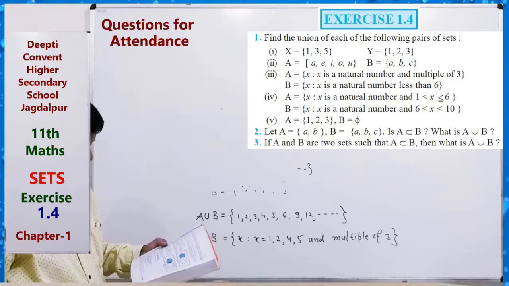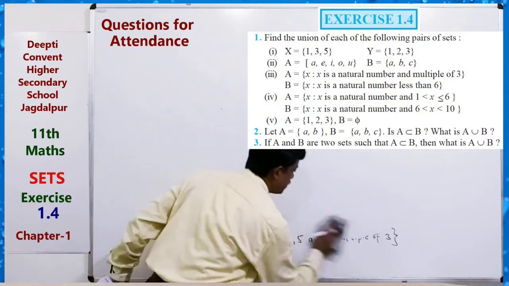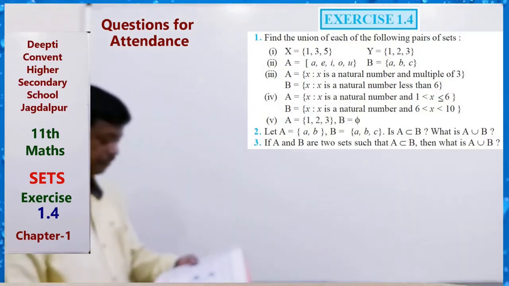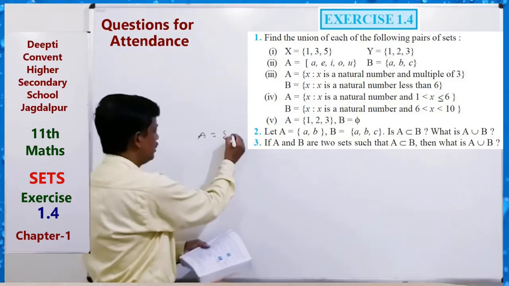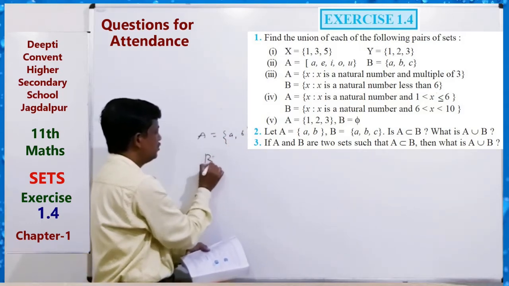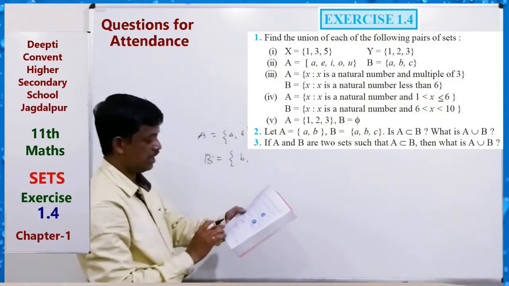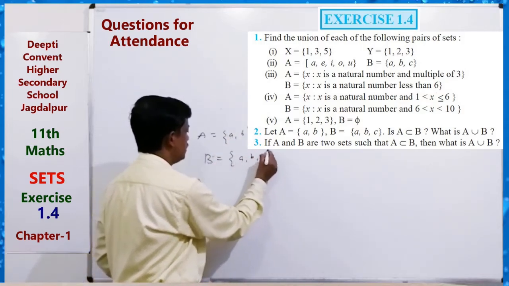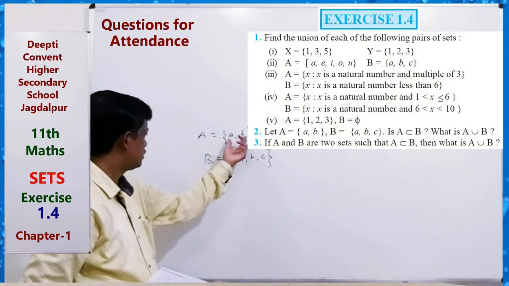Let A equal to {a, b}, B equal to {a, b, c}. Consider A equals {a, b} and B equals {a, b, c}. The question is, is A a subset of B? Yes, a and b also continue here.